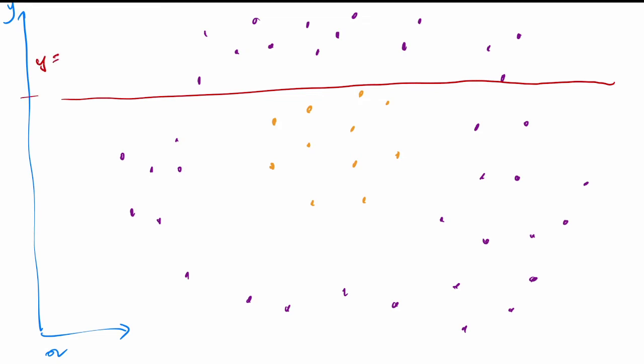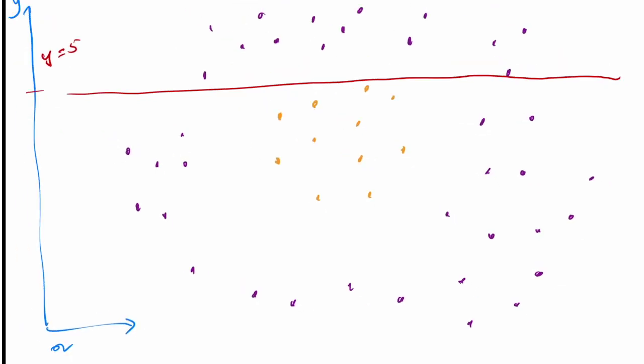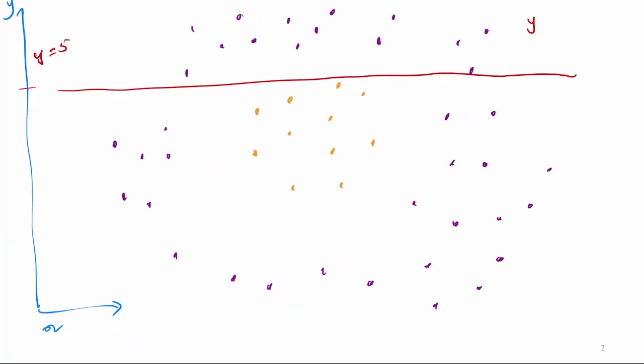First, let's draw our first line in red. We draw our line like this. Let's say this line is y equals 5, so we can say that y greater than or equal to 5 separates this into two sections.